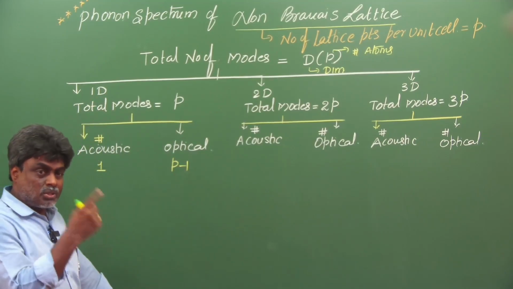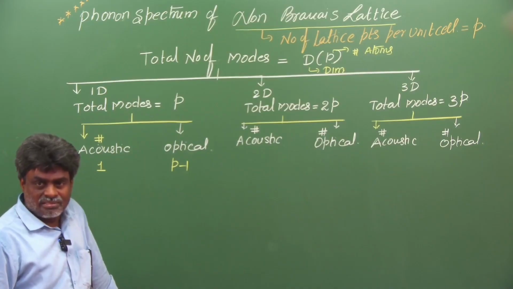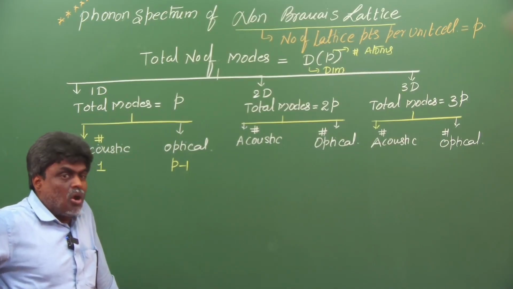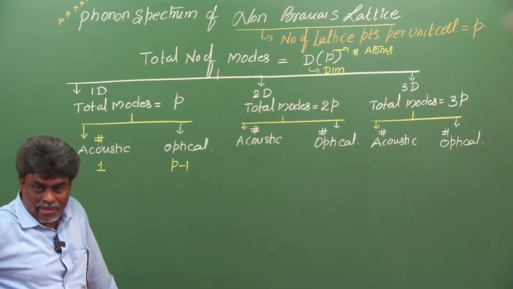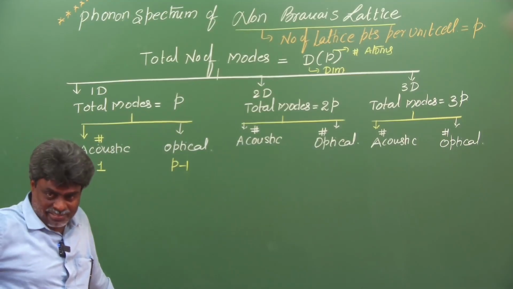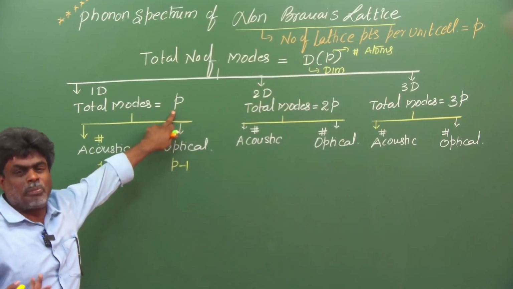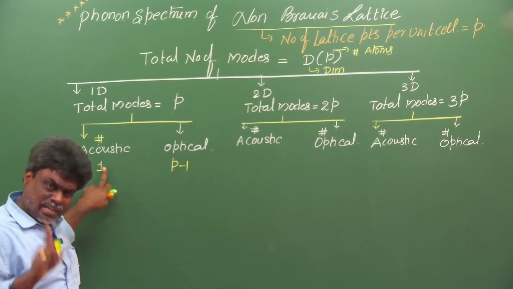Let us apply this to the 1D monoatomic lattice. Yesterday you took the 1D monoatomic. How many atoms? 1 atom, 1D lattice. Then the total modes is 1 into 1. Acoustic.